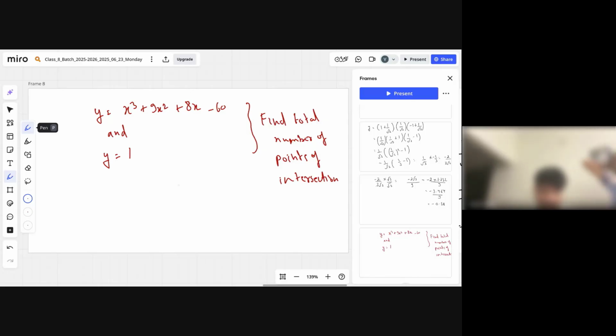And this into this. How did you get this? What are you multiplying with? Minus root 19 by, yeah, what are you multiplying it by? Everything. How everything?